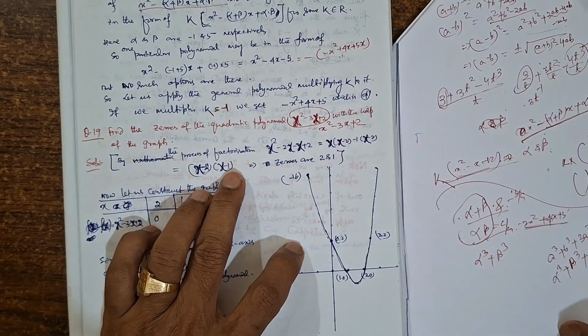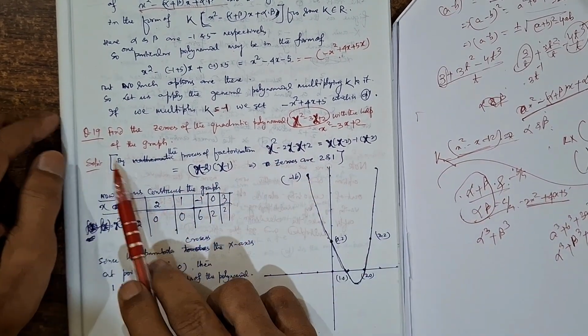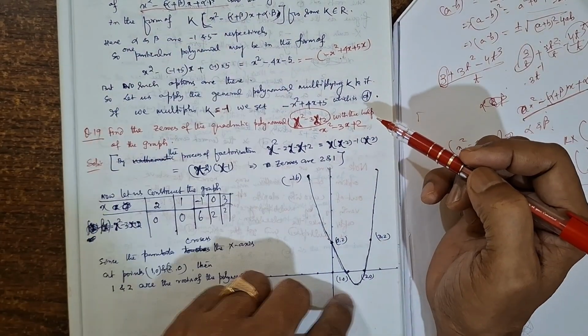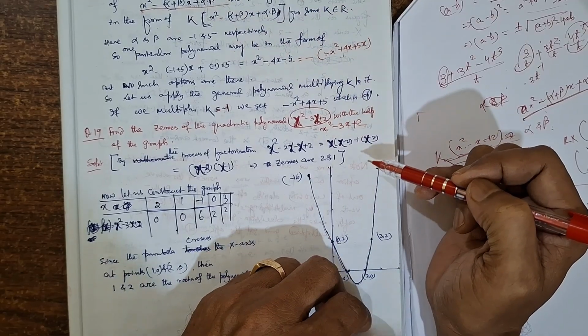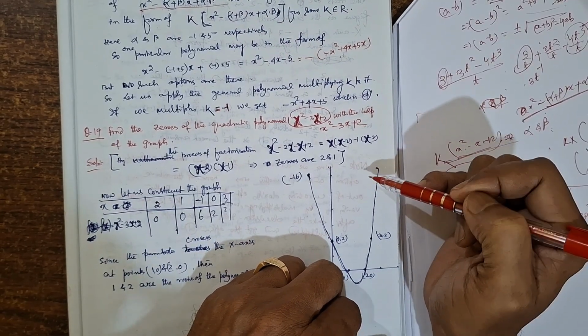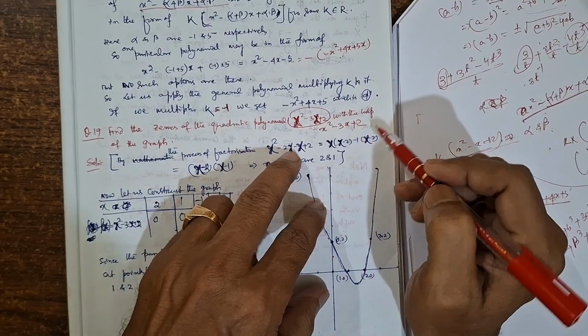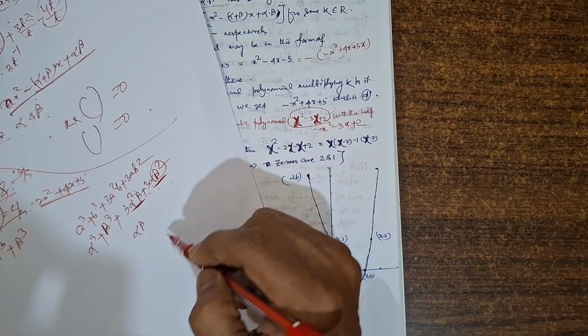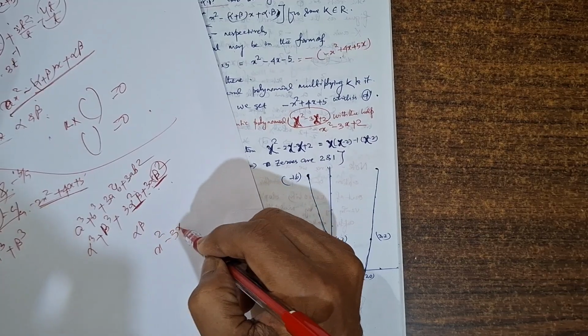How will you construct a graph? You come to this by the process of factorization. Prior to constructing a graph, you may make some mistake, so just find out the roots within a minute or two. x square minus 3x plus 2.